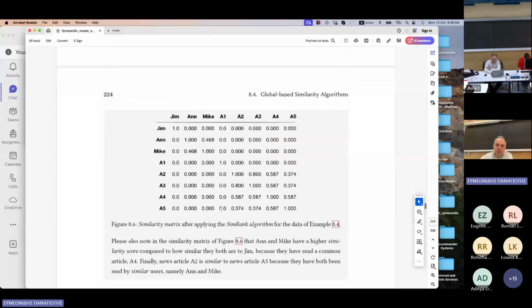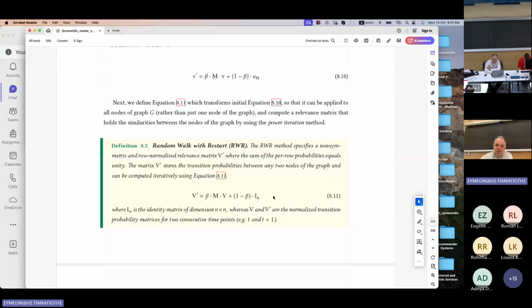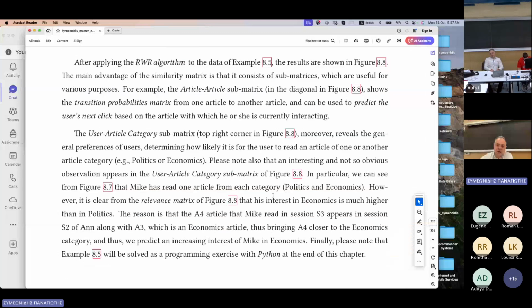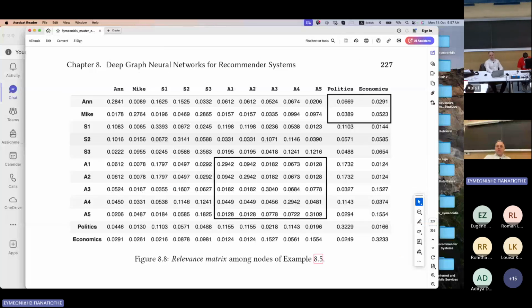We have here the random walk with restart equation. And here is the example that we just did. And here you can see the relevance of these two users, Anne and Mike, with politics and economics, but also we can have at the same time the similarities between articles.